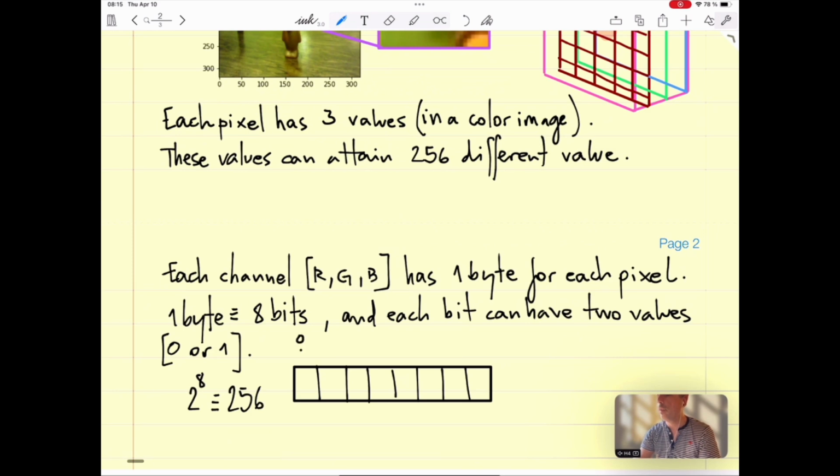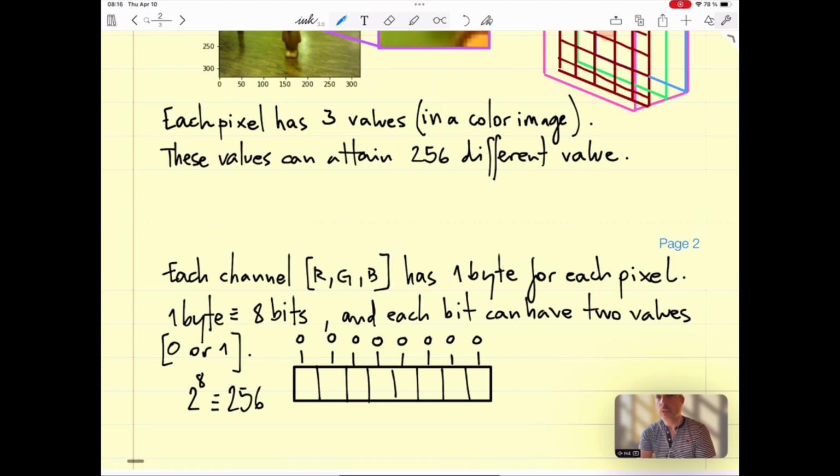Each one of these bits can be 0 or 1, and the combination of these bits gives you the number of possibilities.